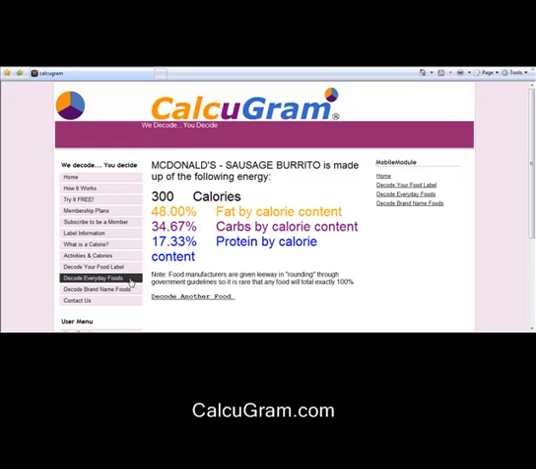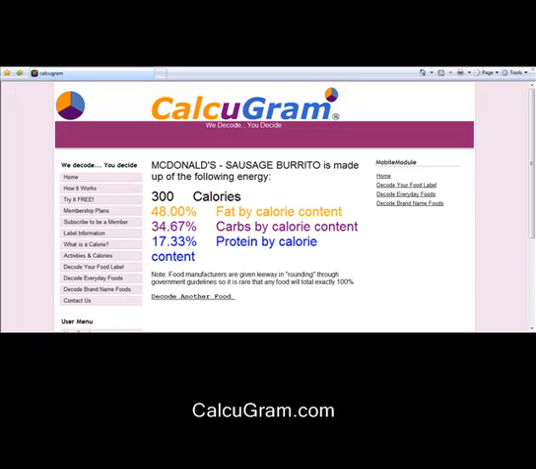The nice thing about the Everyday Foods silver membership is that it includes decoding all those food labels. Then, last but not least, decoding brand name foods is gold membership. And gold membership includes all three. And that's pretty much it.